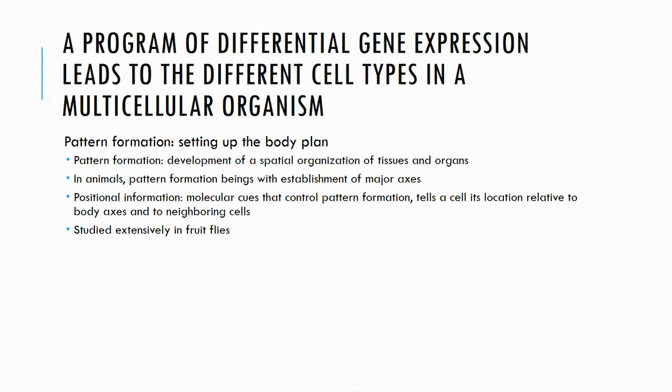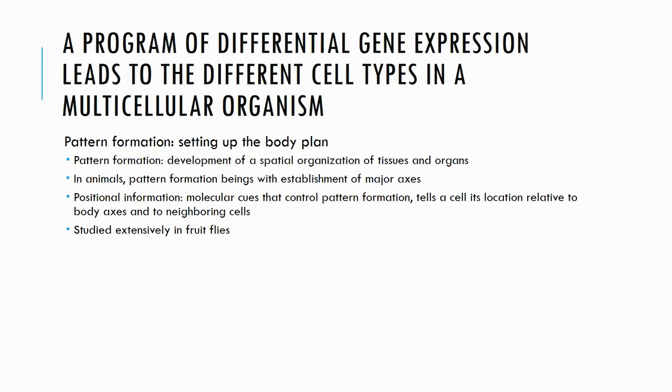Another important part with cell differentiation is pattern formation and setting up the body plan. Pattern formation is the development of a spatial organization of tissues and organs. So in animals, that pattern formation begins with the establishment of the major body axes. Positional information is the molecular cues that control pattern formation, and it tells a cell its location relative to body axes and neighboring cells.